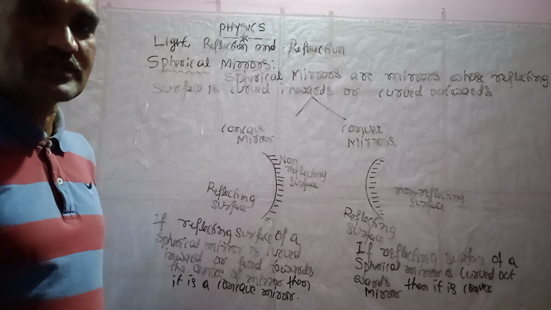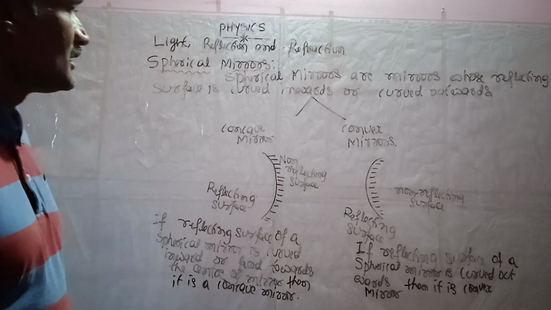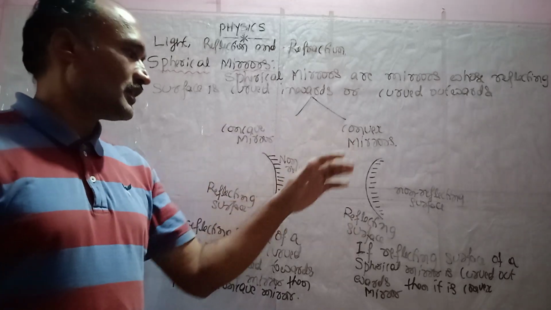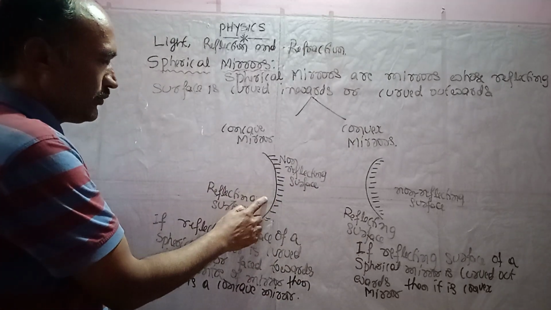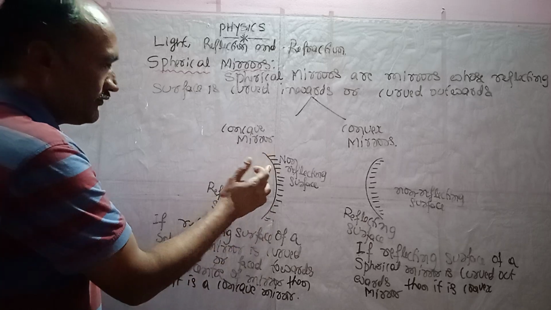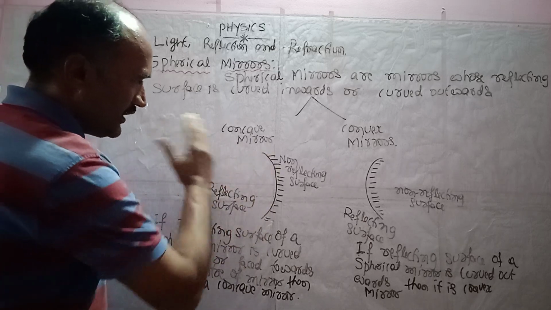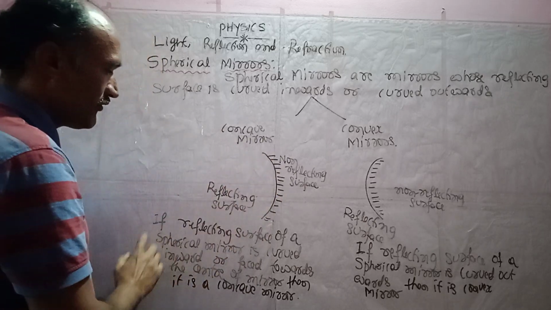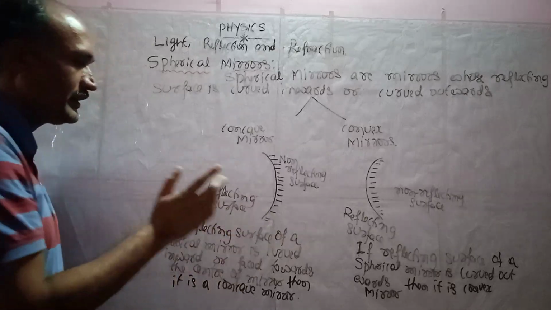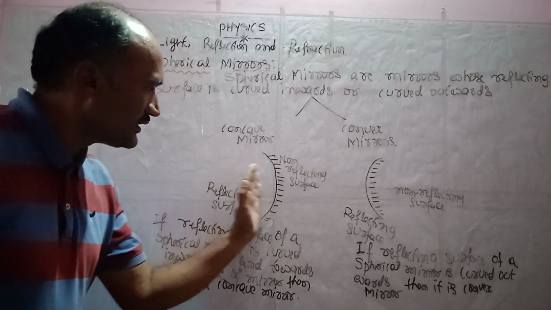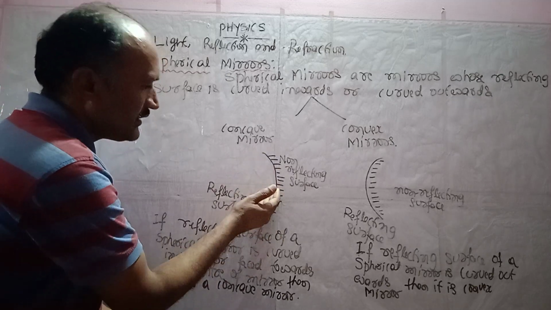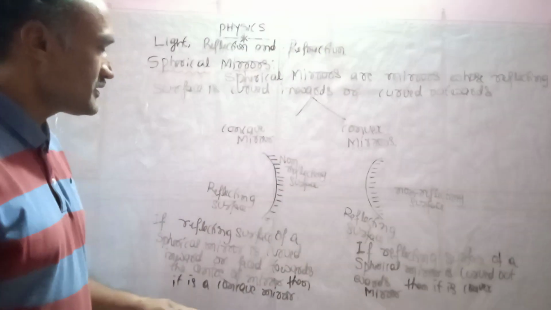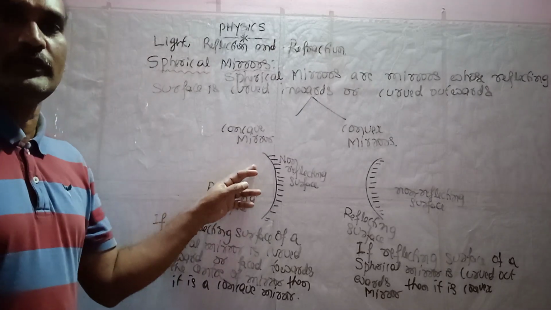Let us understand the difference between the concave mirror and the convex mirror by definitions. If the reflecting surface of a spherical mirror is curved inwards, facing toward the center of that spherical mirror, such a mirror is called a concave mirror.